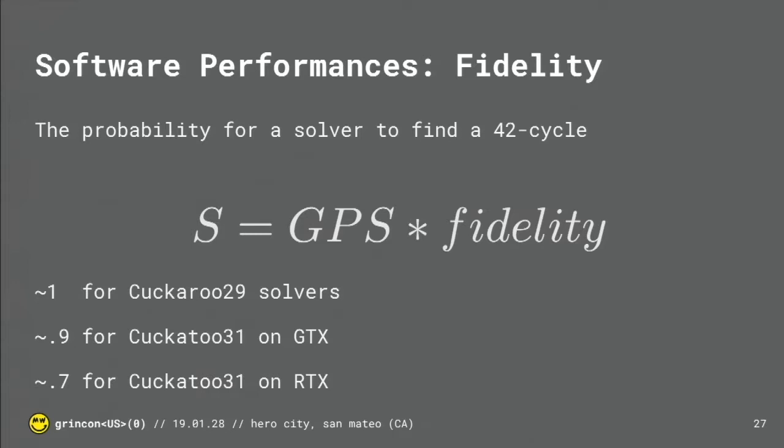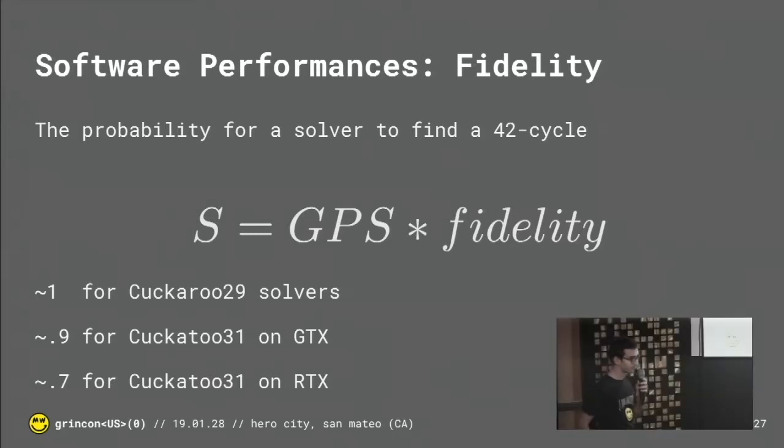And there is another parameter, which is called fidelity. Fidelity is the probability for a solver to find a 42 cycle. So this value is dependent on the mining software. The three values that you can see here are for Grin miner, the reference implementation.